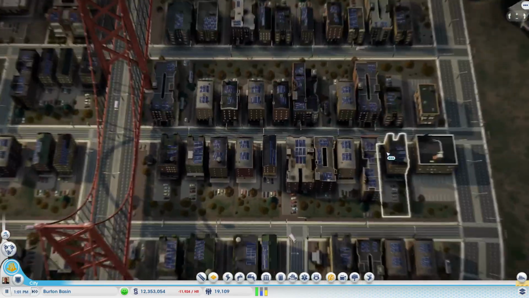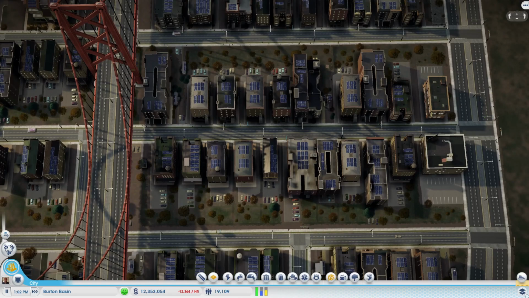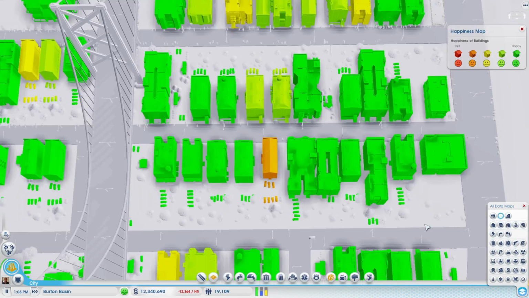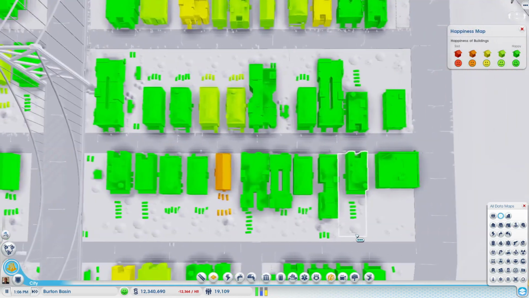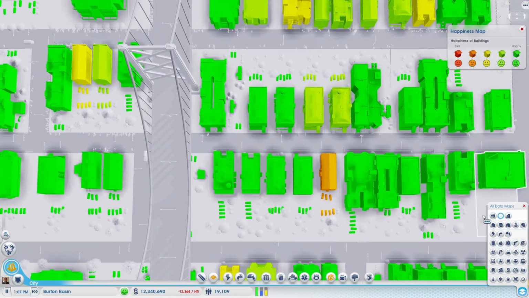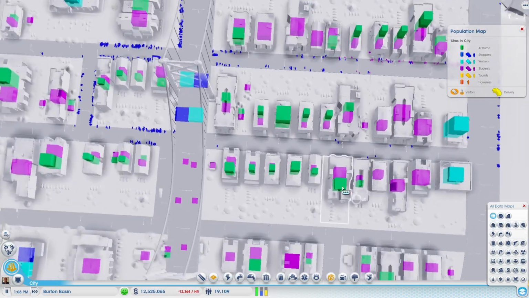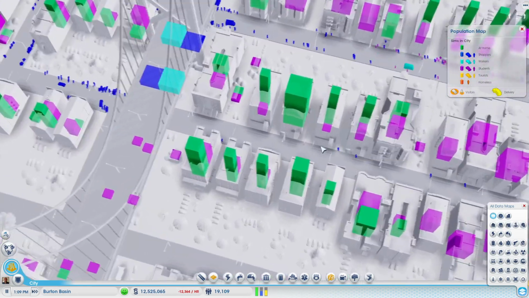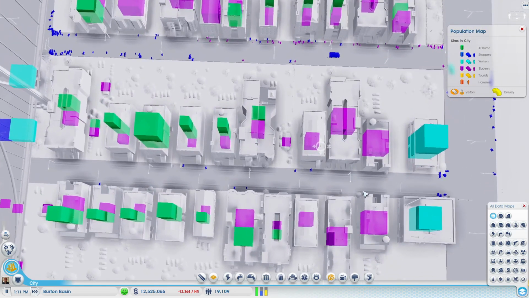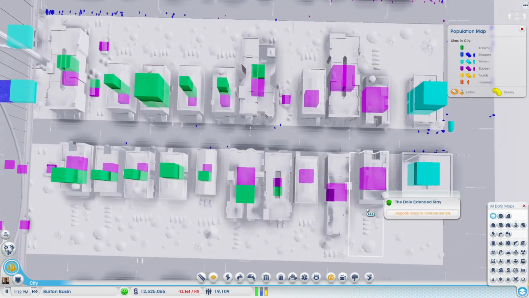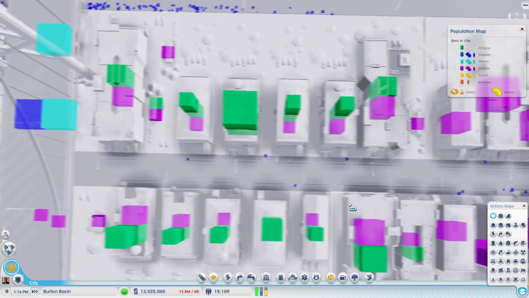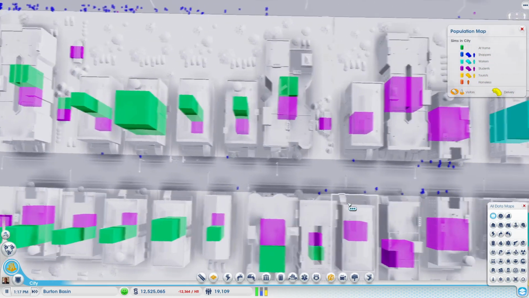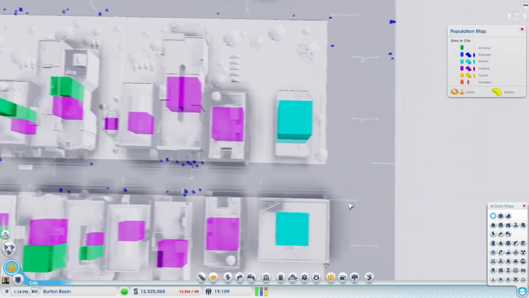Is there something going on with traffic? If they cannot find work, this is an opportunity to check your traffic to see how that's going. What you would do is click on the population map, and this would work best at that 9 a.m. mark to see how the potential workers are traveling.